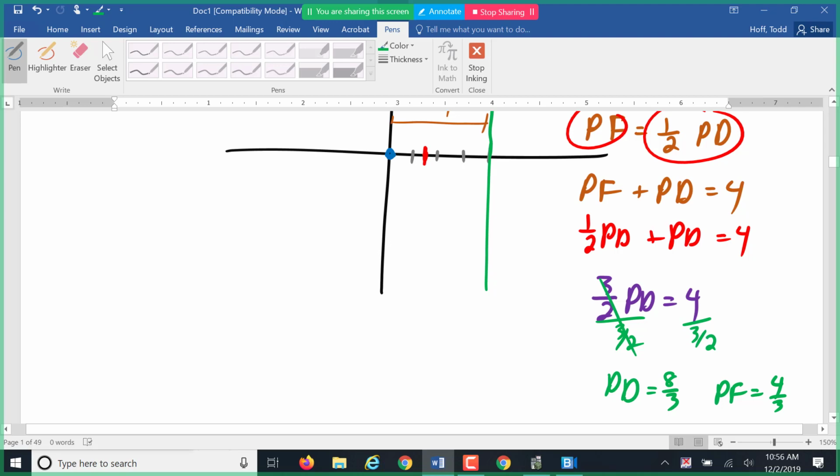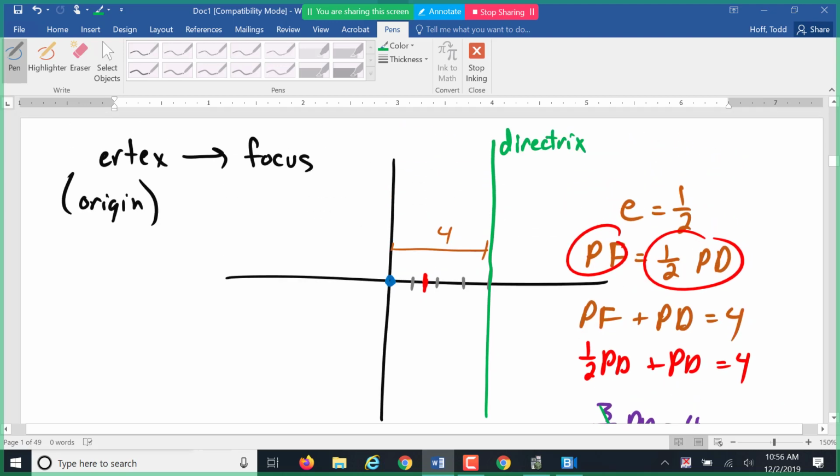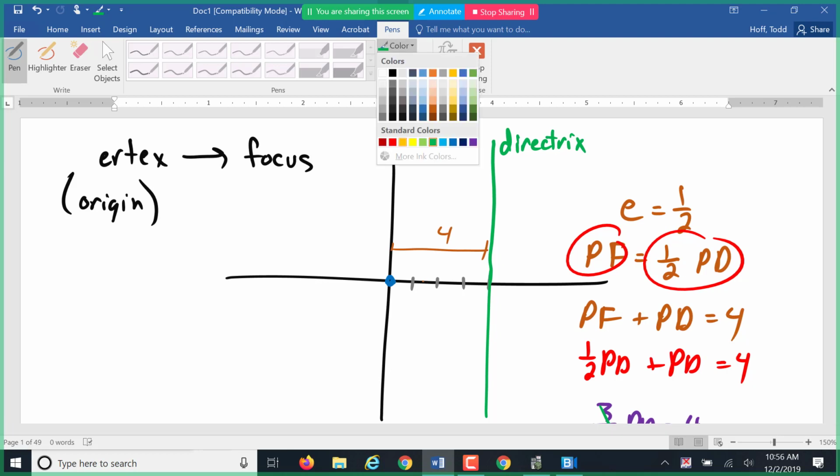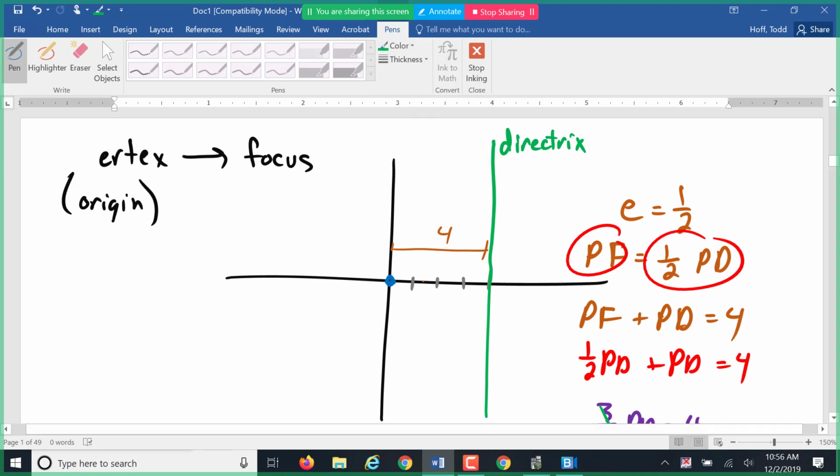So what does that mean? Well, this point here that I was looking for is going to be right here. That's 4/3 from the focus. And 4 minus 4/3 leaves me with 8/3 from the directrix. So that is a point on that line.